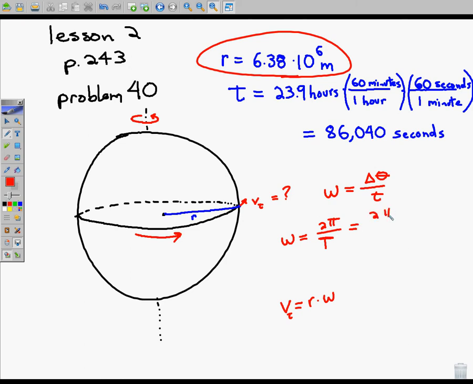So in this case, it's going to be 2 pi radians over 86,040 seconds.